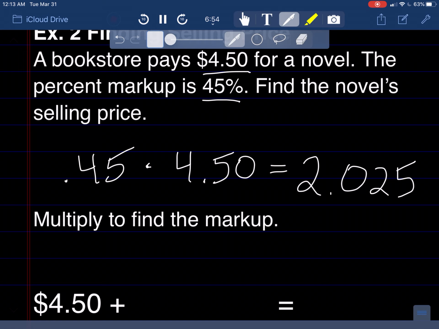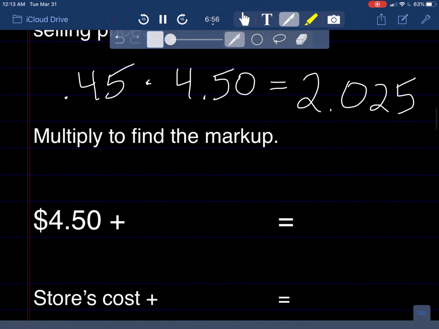So we're going to round in this next section, okay? So we found 2.025. We're going to take the store's cost, or what they pay, and we are going to add that markup.